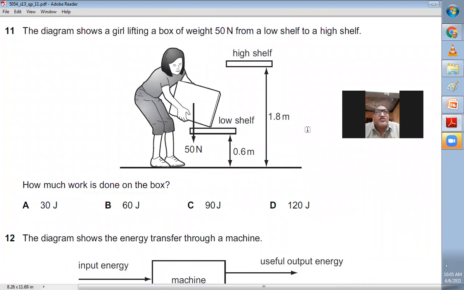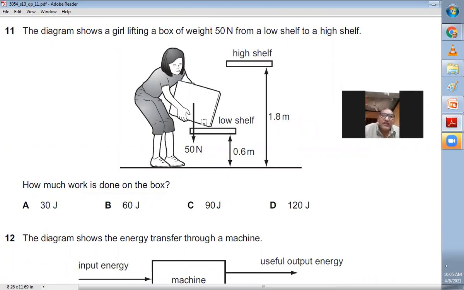The diagram shows a girl lifting a box of weight 50 Newton from a low shelf to a high shelf. How much work is done on the box? You know, the work done is equal to the change in the gravitational potential energy.